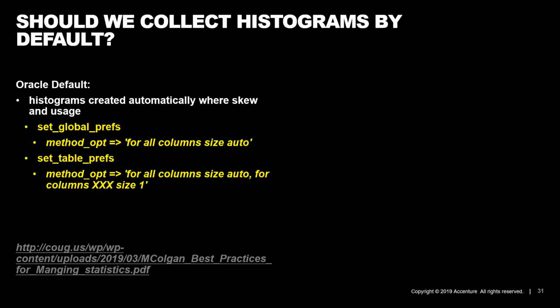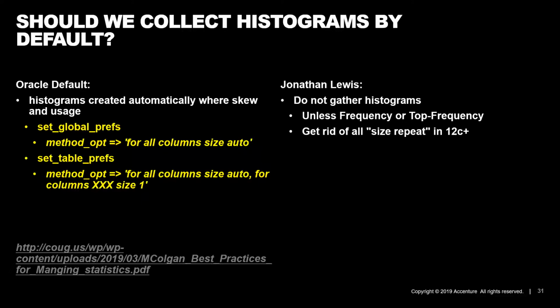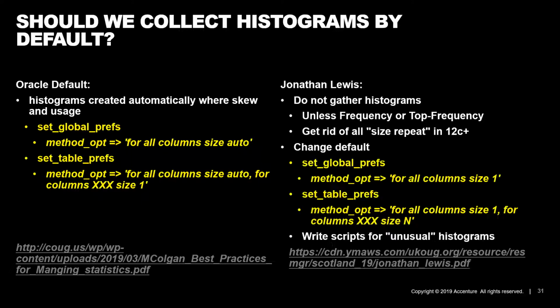Now, on the other hand, Jonathan Lewis says don't gather histograms, not unless they're frequency or top frequency histograms, and don't use size repeat in 12C, because that could turn into a height balanced histogram. He goes further. He says change the global preference for method opt to for all column size 1.